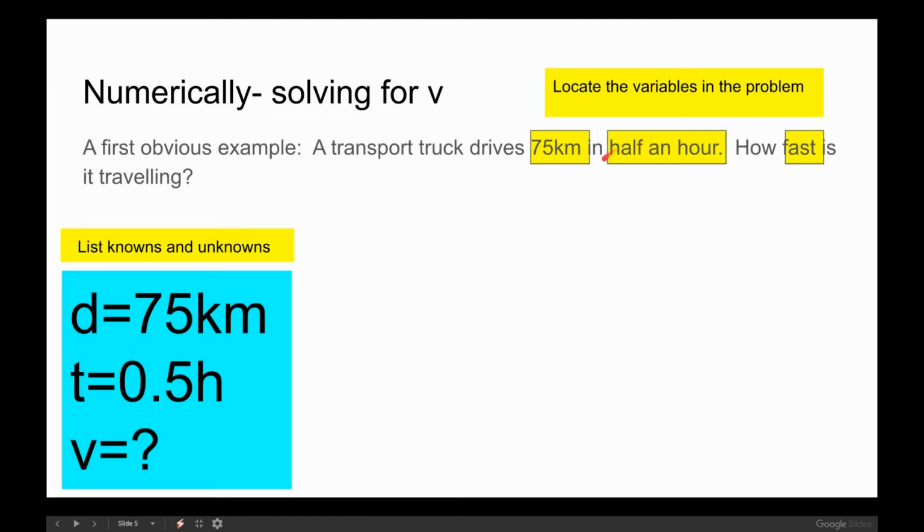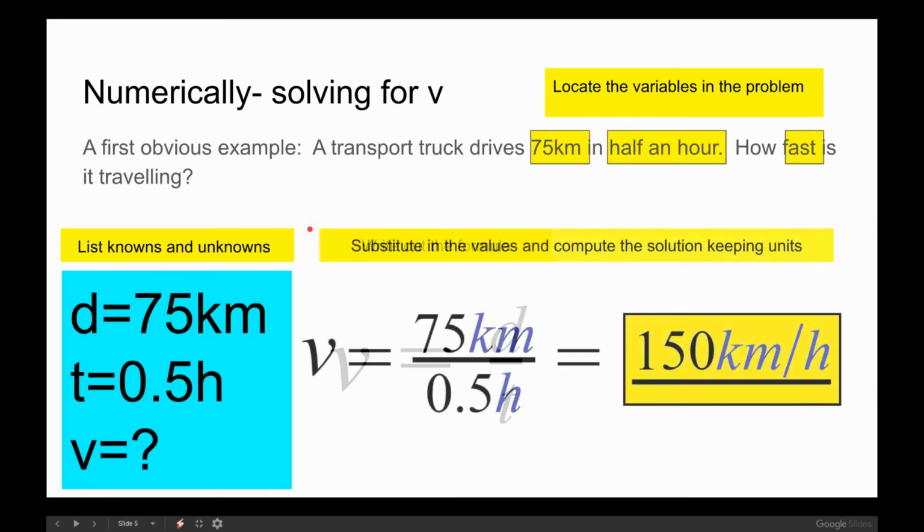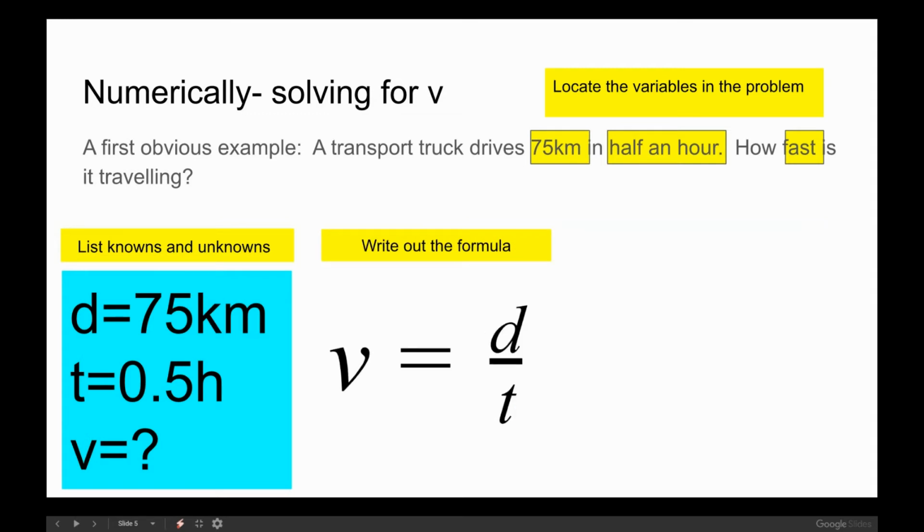How much longer would it take you to do this and that as a preamble to your problem? Then we want you to write out the formula and finally put in the values for the formula. Now, I didn't do that methodically because I'm on screen and I have limited real estate.